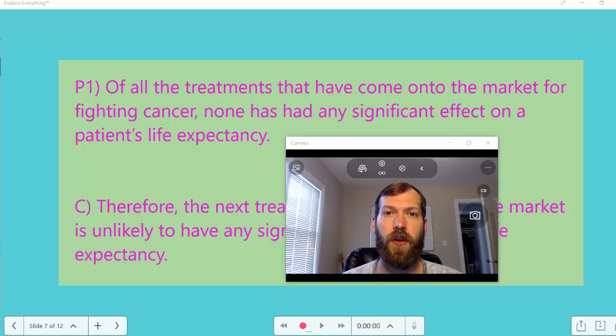So let's take a look at another argument, and we want to determine whether it's a strong argument or whether it's a weak argument. So our premise here is, of all the treatments that have come onto the market for fighting cancer, none has had any significant effect on a patient's life expectancy.